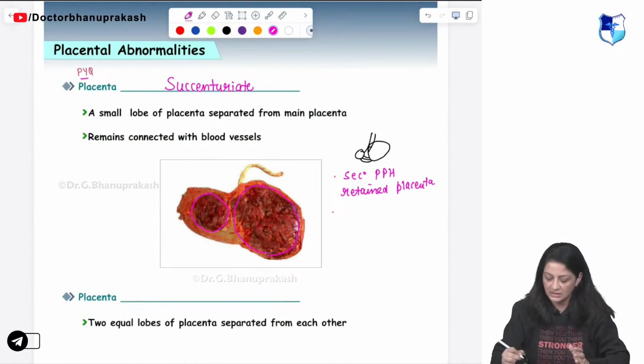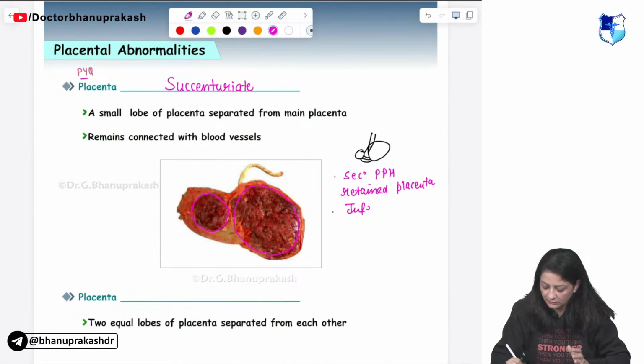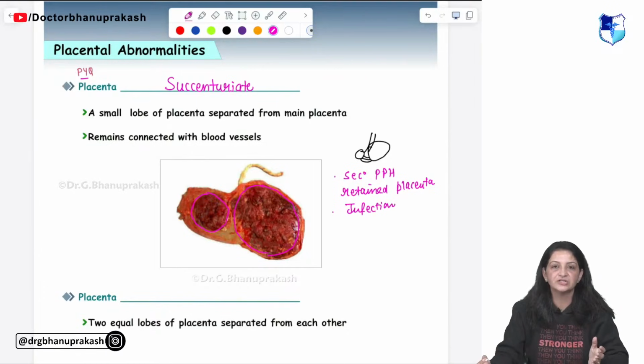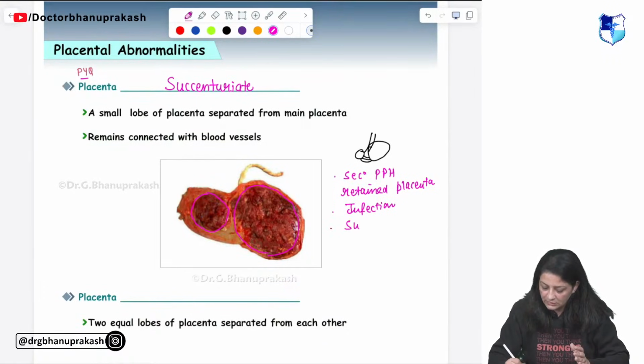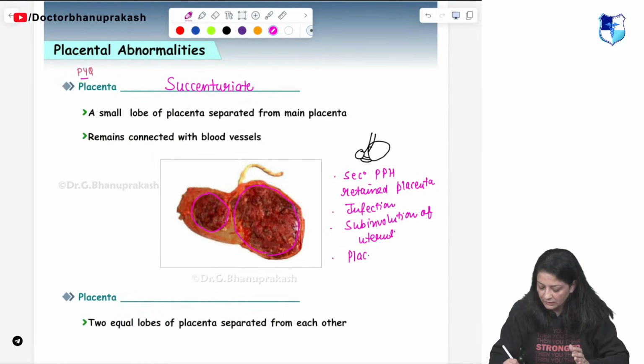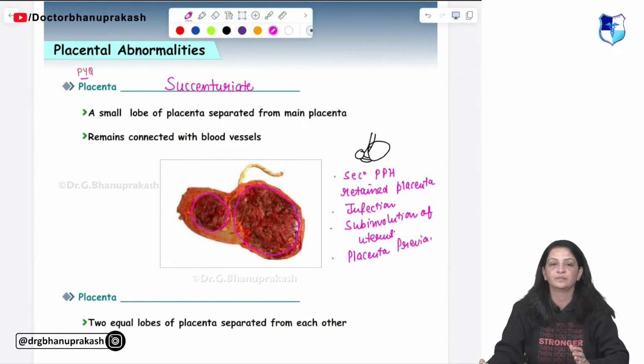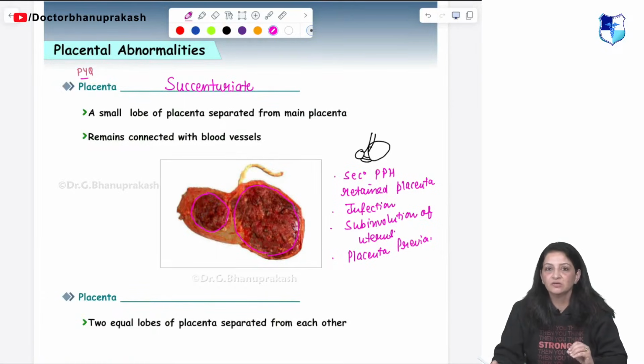Other complications: infection, subinvolution of uterus, and there could be a placenta previa. So these are the complications associated with accessory placenta.